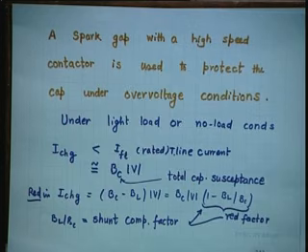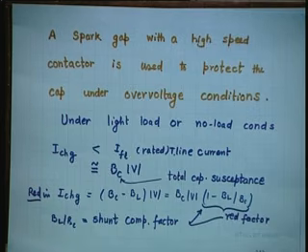Under light load or no load conditions, I charging is less than the full load rated transmission line current, which is equal to BC into V, where BC is the total capacitive susceptance.